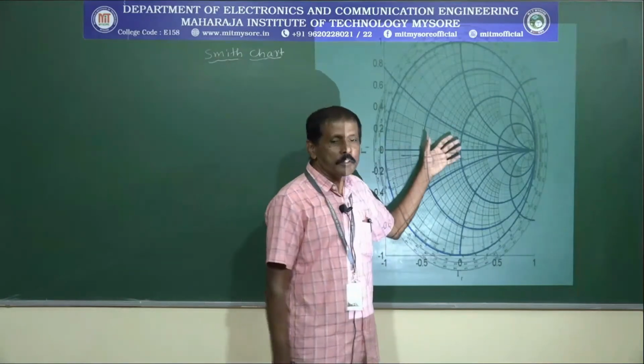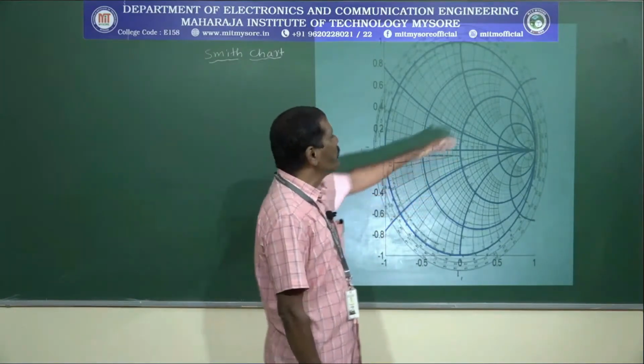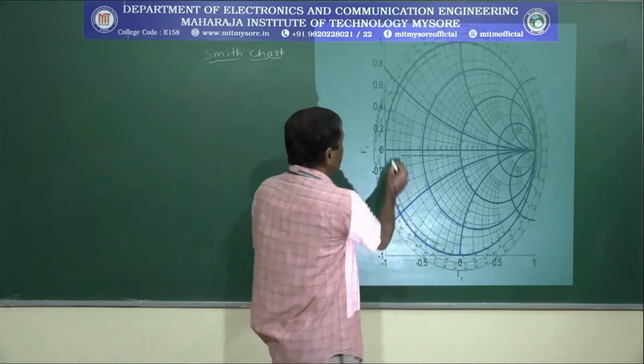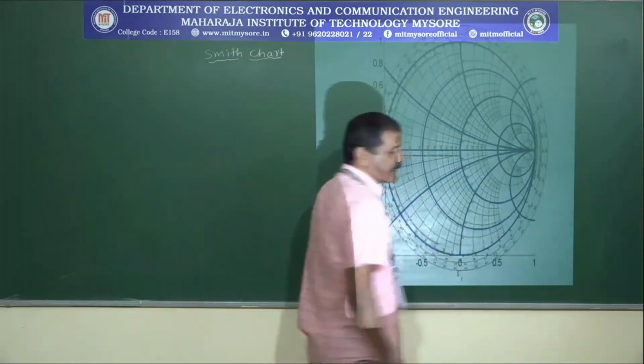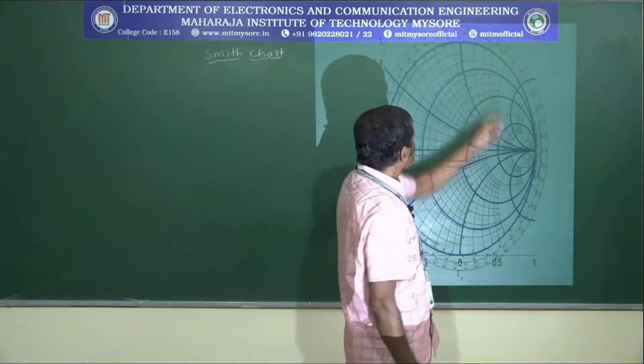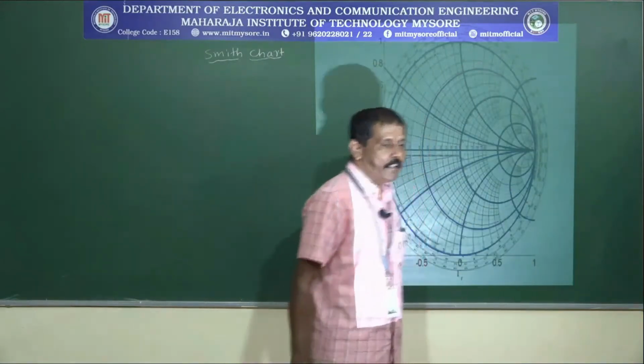Among the many lines shown in the previous slides, only a few are taken here. So this is your real axis, and this we are taking as the imaginary axis.